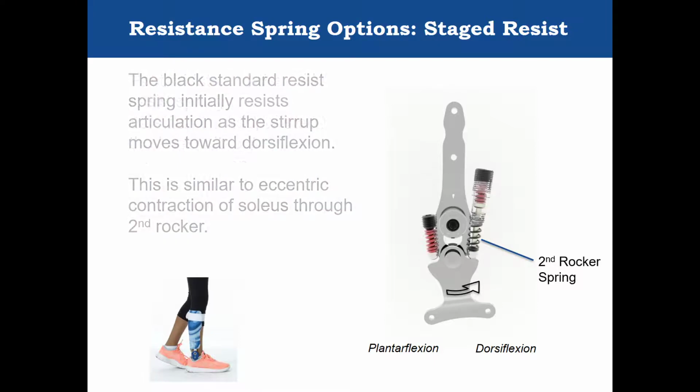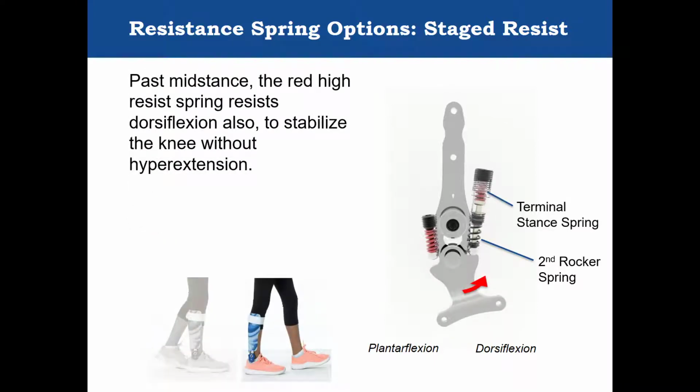At a clinically determined dorsiflexion angle, the red, high-resist spring inside the SRA also begins resisting motion. This high active resistance may help to slow the progression of the tibia in late stance. The combined action of the 2 springs in the booster spring SRA can be tuned to stabilize the knee against flexion, while limiting hyperextension in late stance.